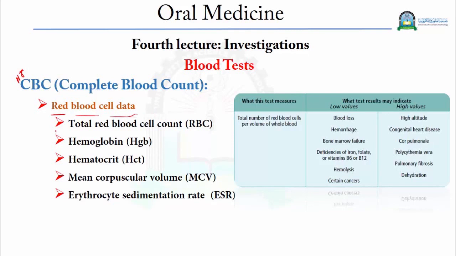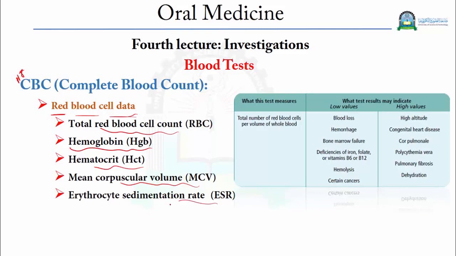The red blood cells also can provide us with information about the total number of RBCs, and the hemoglobin, which is the coloring part of the RBCs, hematocrit, and also the mean corpuscular volume, MCV, which is the average volume of RBCs in the blood.